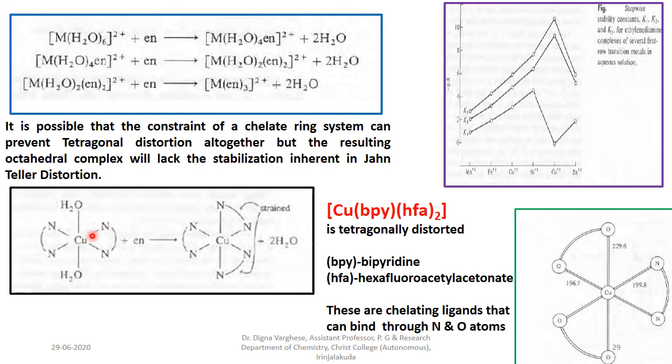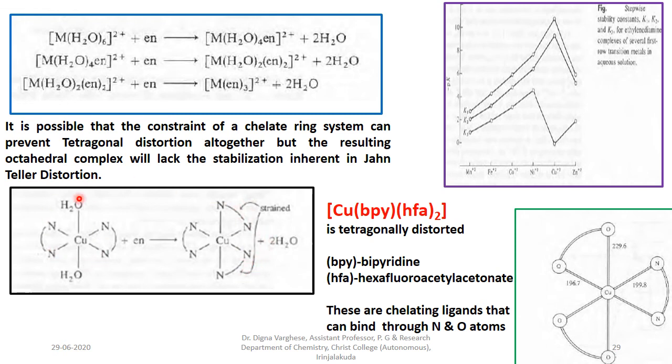In the case of the bis-ethylenediamine complex, that is [Cu(en)2(H2O)2] 2+, it can distort readily by letting the two water molecules move out from the copper and leaving the two ethylenediamine rings relatively unchanged. In contrast, the tris ethylenediamine complex cannot distort tetragonally without straining at least two of the chelate rings.